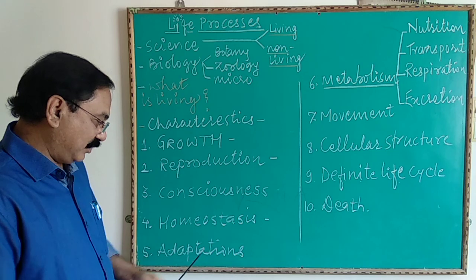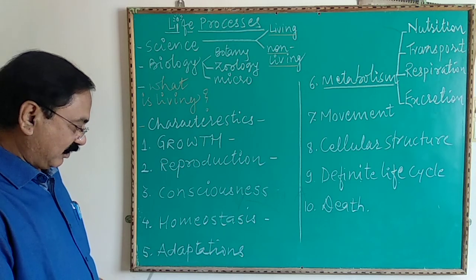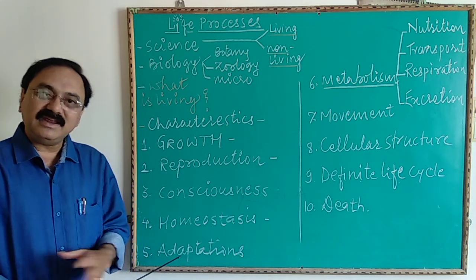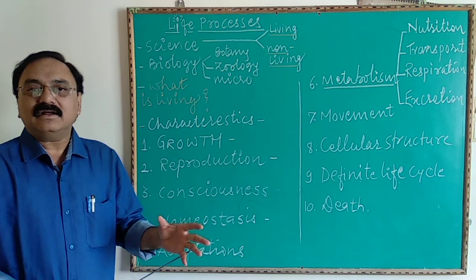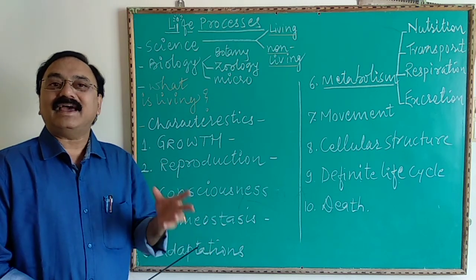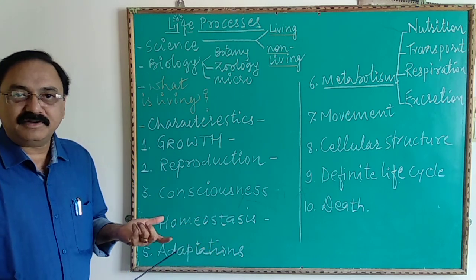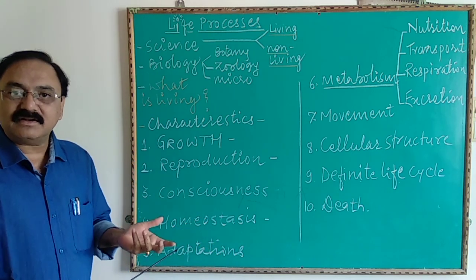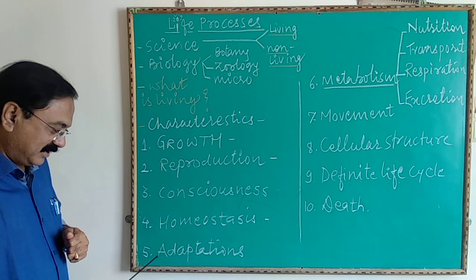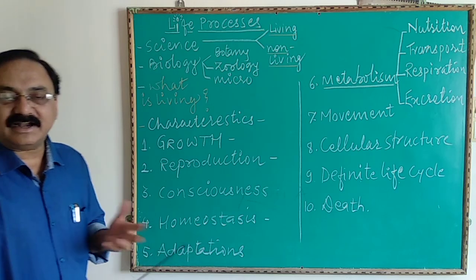Then there is another important aspect by virtue of which living organisms can survive in any extreme condition. You know that living organisms exist everywhere on this earth, and this ability to survive anywhere is because of their ability to adapt. What is adaptation?